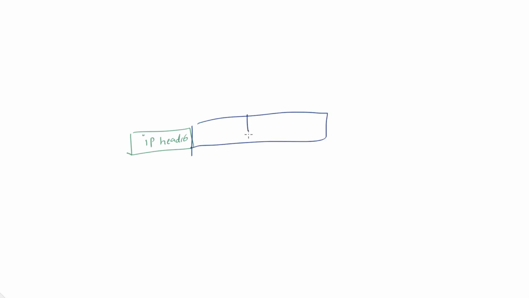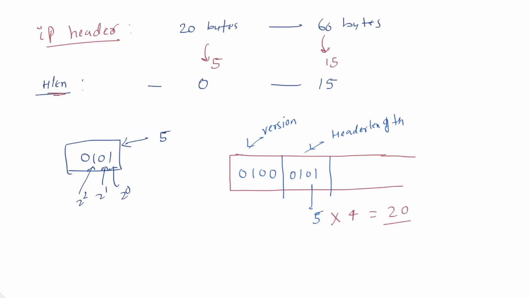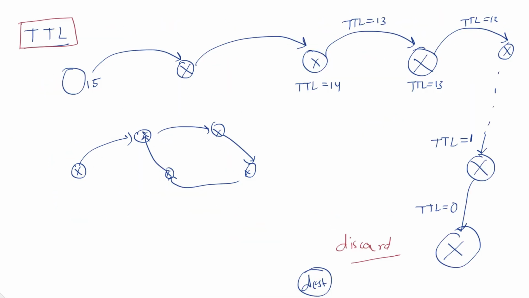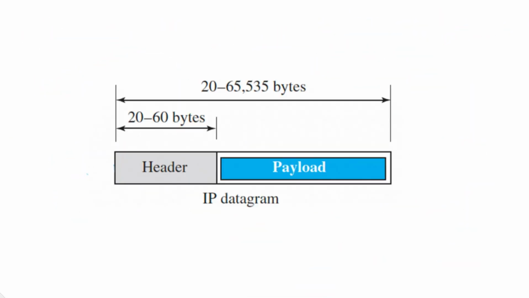It could be consisting of the TCP header inside the IP data. See here, this completely is IP data. Inside that you may be having the TCP header.